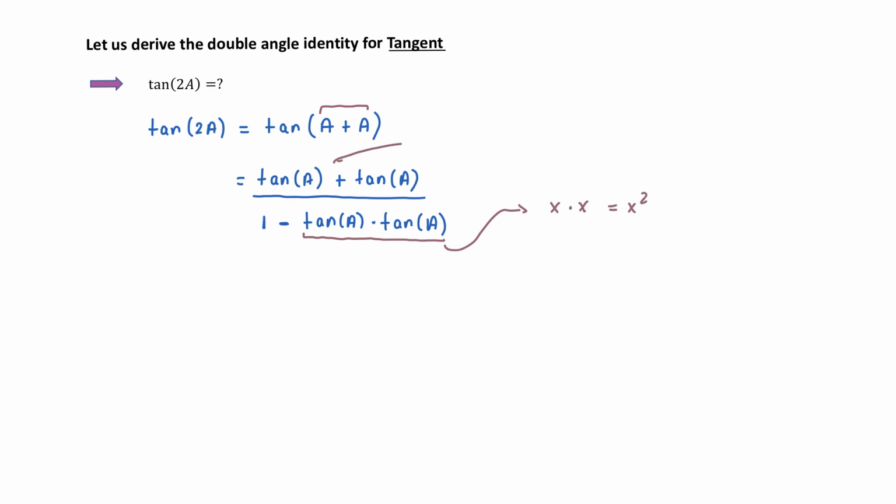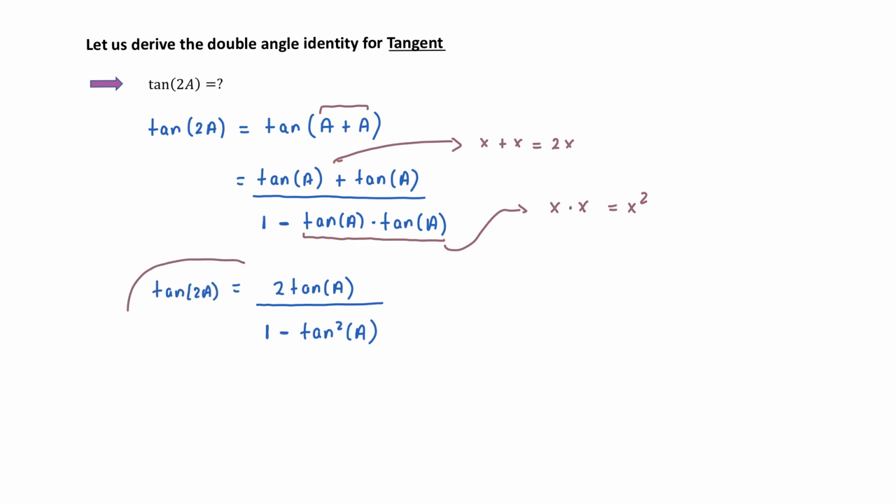And here in the numerator, again, we have something like x plus x, which is equal to 2x. So that's how I'm going to move forward with simplification. I'm going to have 2 tangent A in the numerator, and in the denominator, we're going to have 1 minus tangent squared A. And this becomes the double angle identity for tangent.